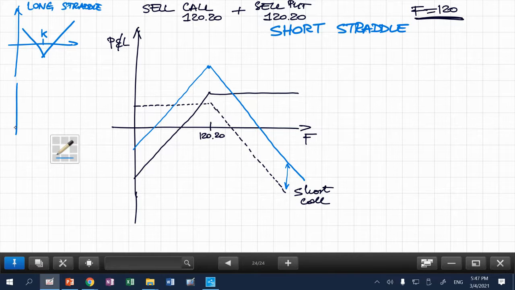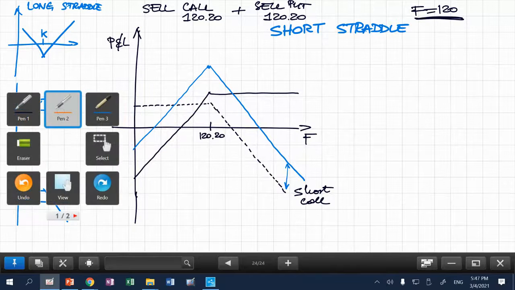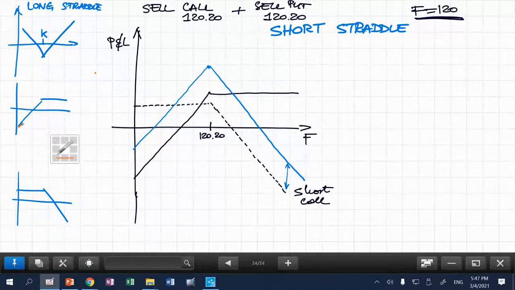So, intuitively, I should add a short put and a short call where the value should be a curve working in this way. I should add up the two orange curves of the short call and the short put.